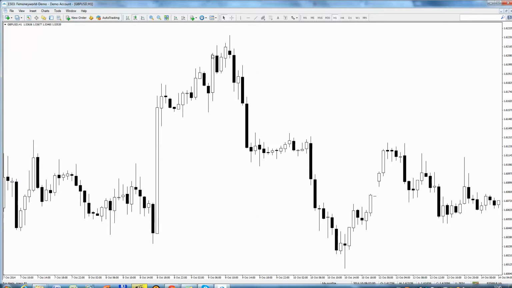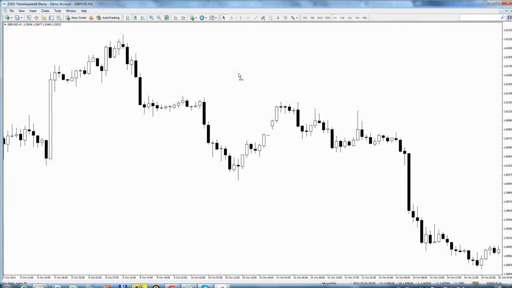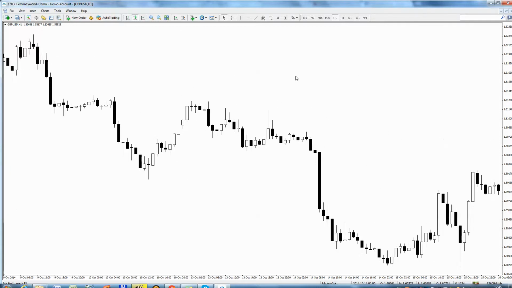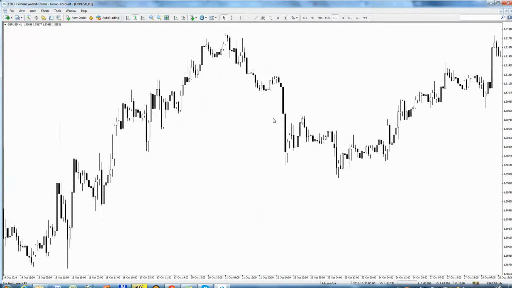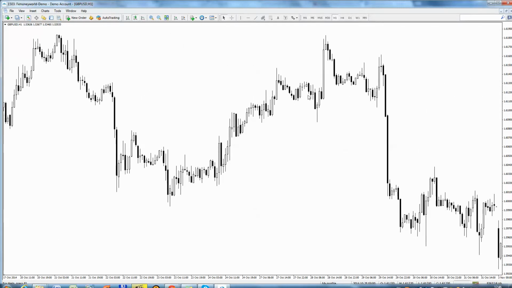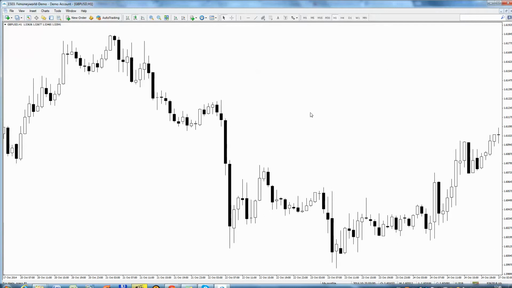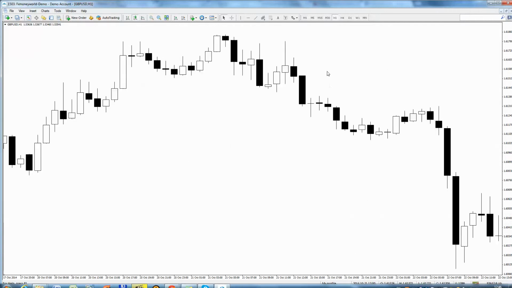The upgoing, the buying candles, and the downgoing candles, the selling candles. If we just have a look at this chart, you see that it's really easy to understand what is going on with price. Let's talk a bit more about candles.